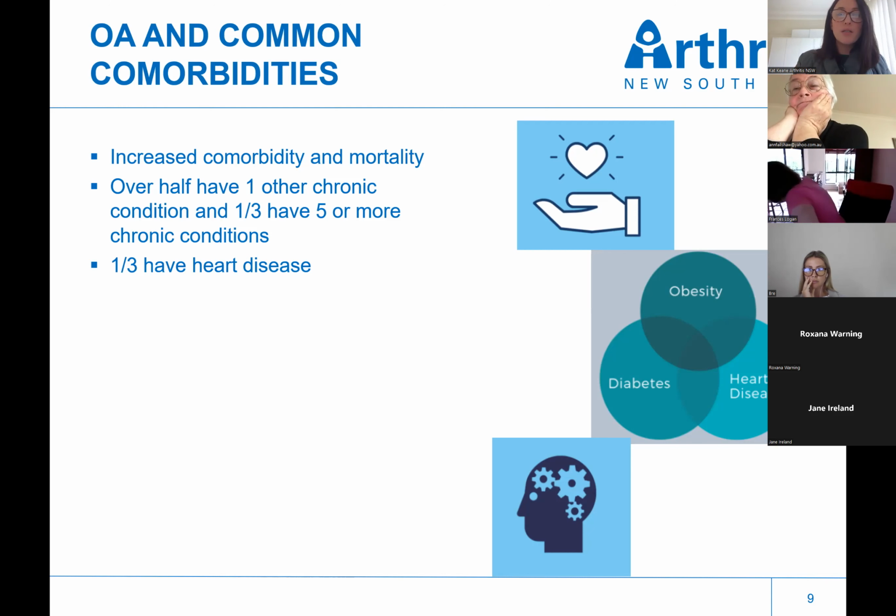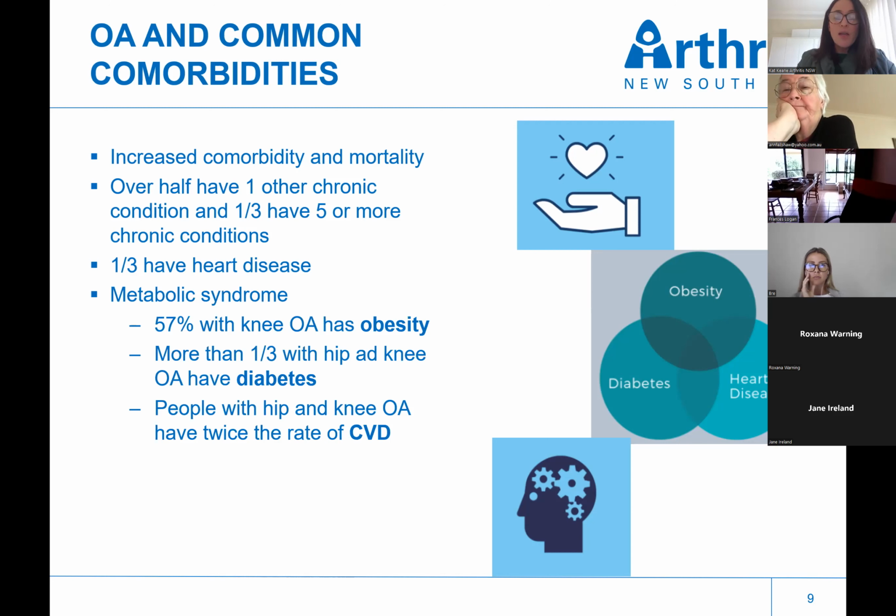But we also need to remember that osteoarthritis is a condition that we develop as we age. So as we age, the risk or the prevalence of developing other conditions also increases. But at least a third of people with osteoarthritis have heart disease, which is a very broad stroke of all conditions of the heart, essentially.